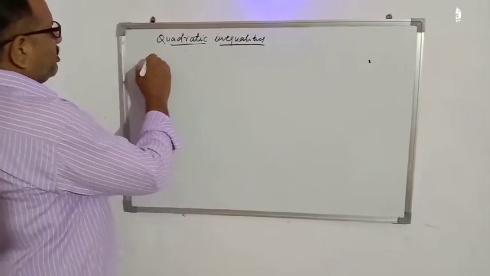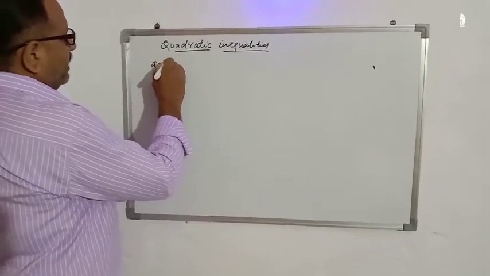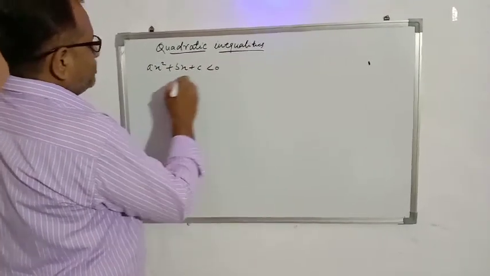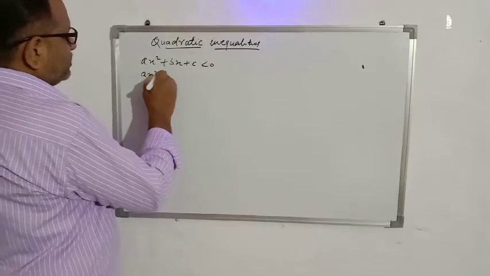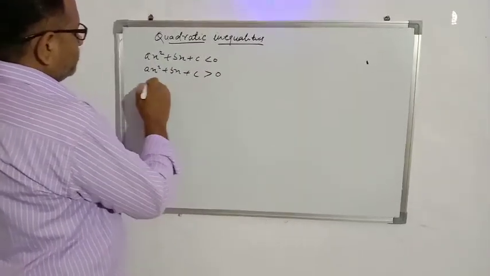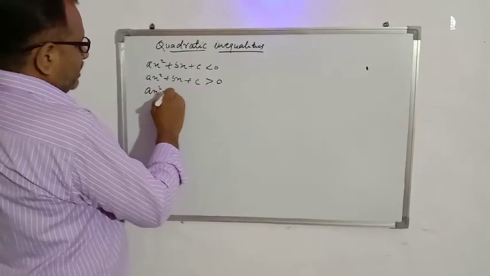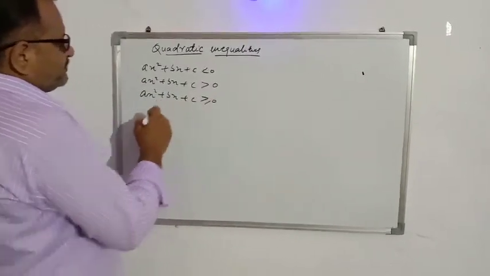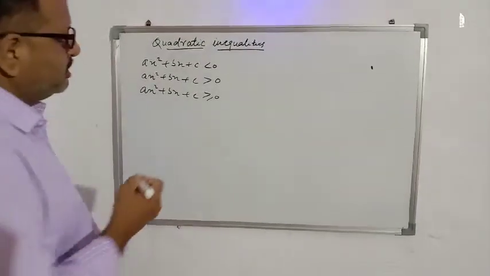An inequality of the type ax square plus bx plus c less than 0, ax square plus bx plus c greater than 0, ax square plus bx plus c greater or equal to 0, less or equal to 0.